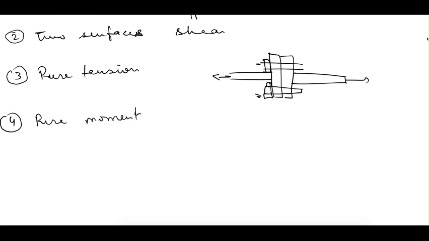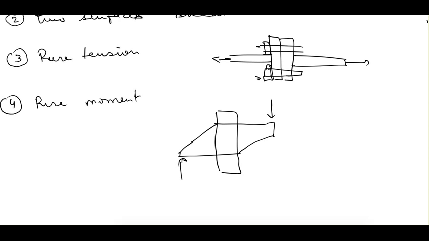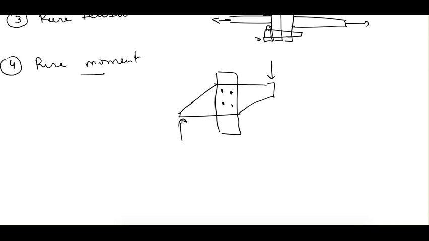For example, we can say this is a column and there is one gusset plate like this, and if we have applied two equal forces at the same distance, the bolts, if they are placed here, are subjected to pure moment. After that, next is shear and moments in the plane of connection. Shear and moment, that would be this case.